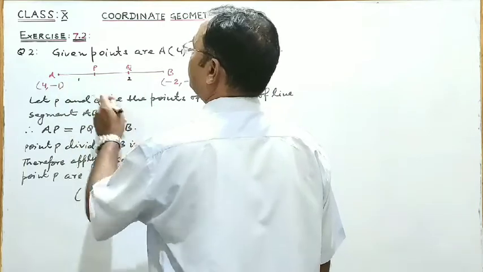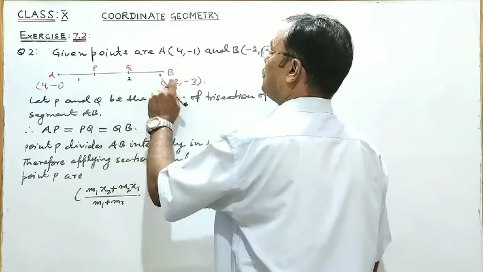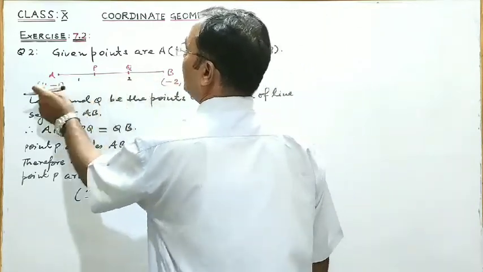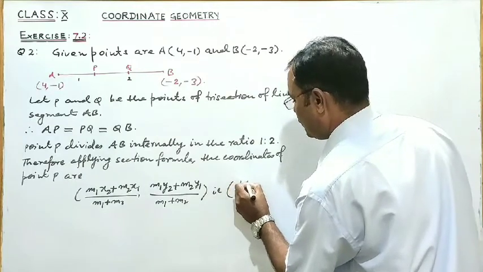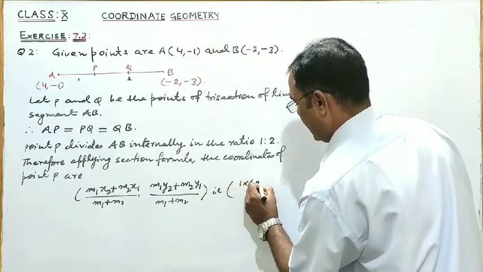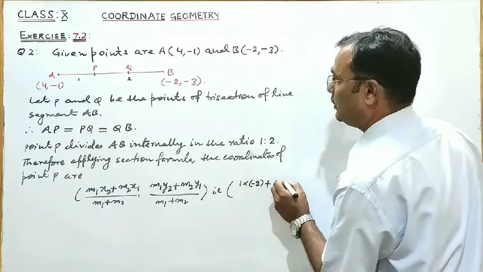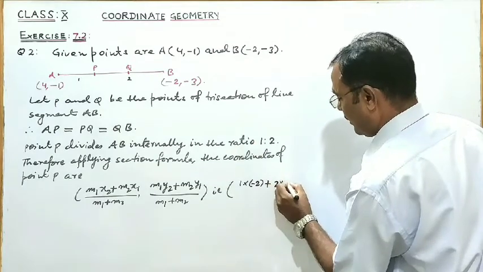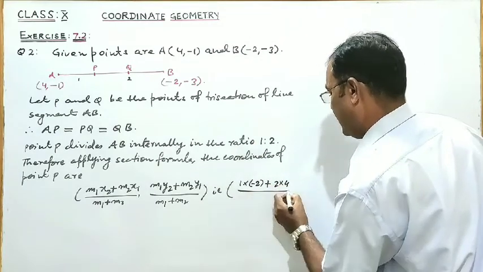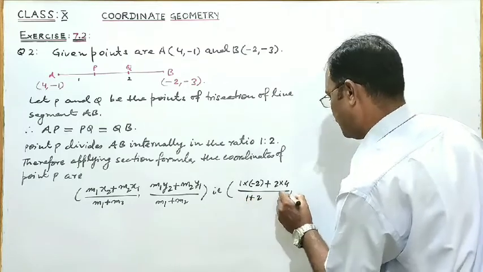So m1 into x2: 1 into -2 plus 2 into 4, by m1 plus m2, 1 plus 2.